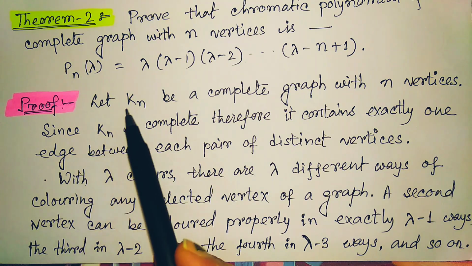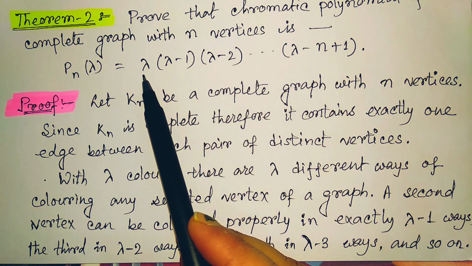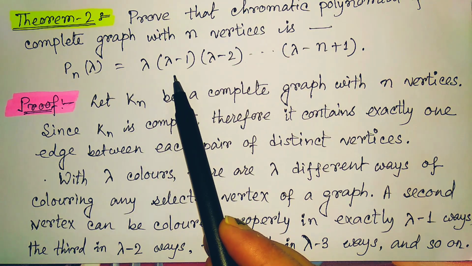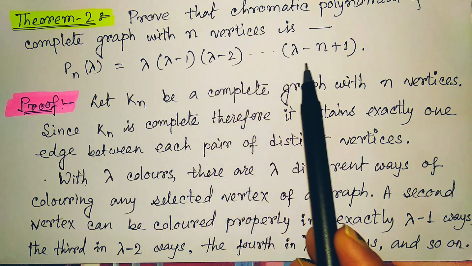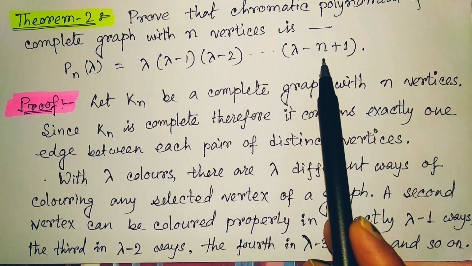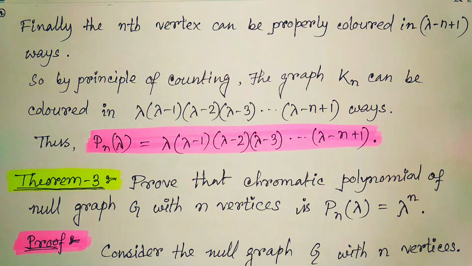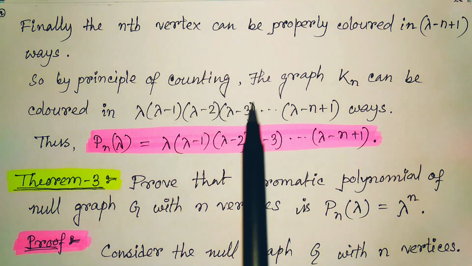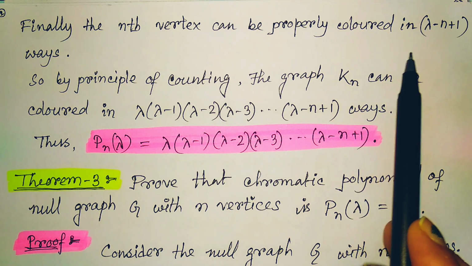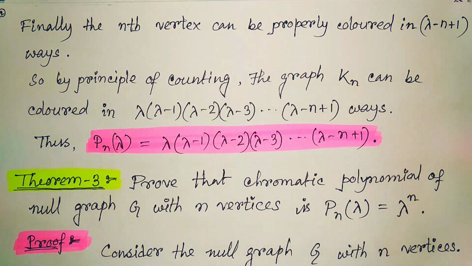Then for each vertex we will sum up that for the first vertex it is lambda, for the second it is lambda minus 1, for the third it is lambda minus 2. In this way, up to the nth vertex, it should be lambda minus n plus 1. Finally, the nth vertex can be properly colored in lambda minus n plus 1 ways.